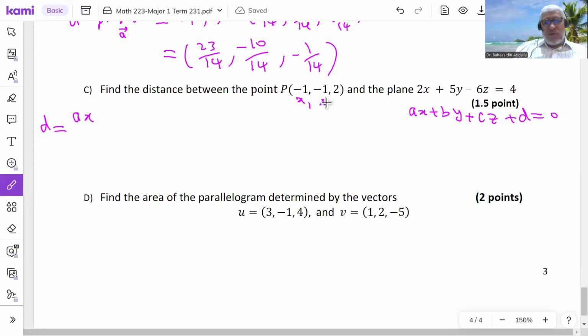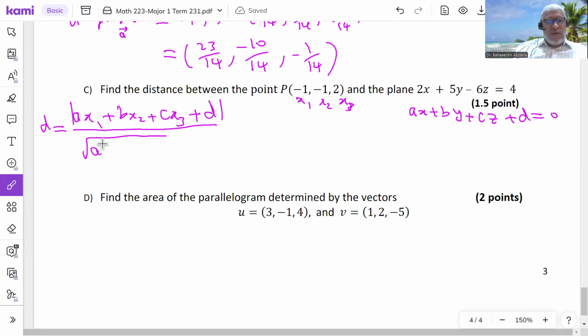So there is no confusion. So ax1 plus bx2 plus cx3 plus d, the absolute value of this, over the square root of a square plus b square plus c square. That's the formula. So you just apply it.